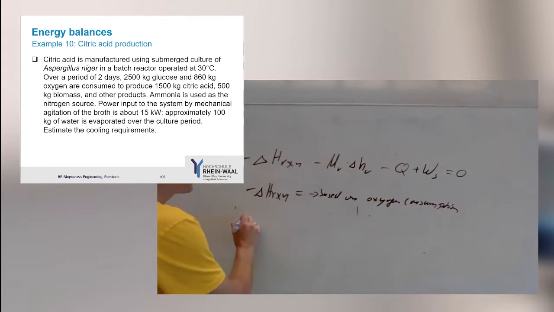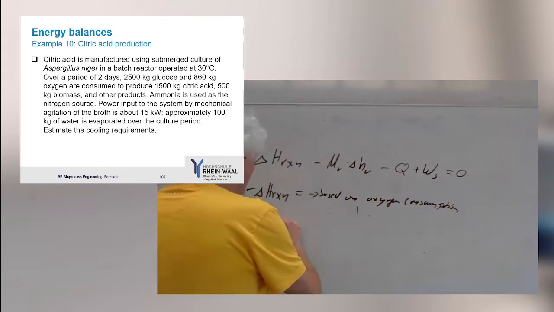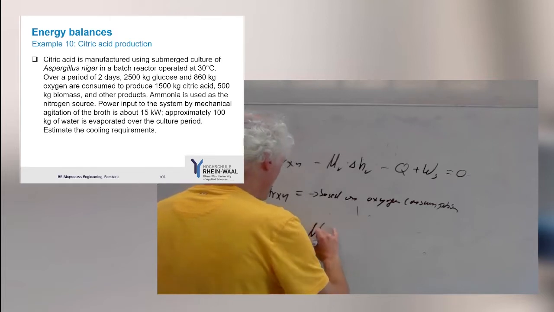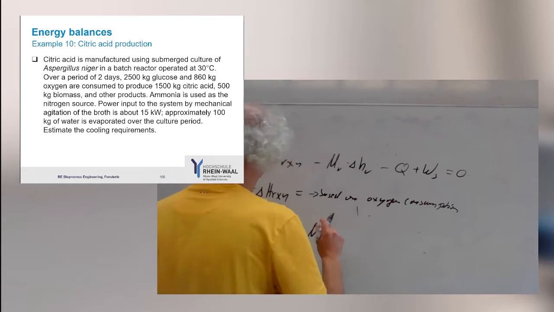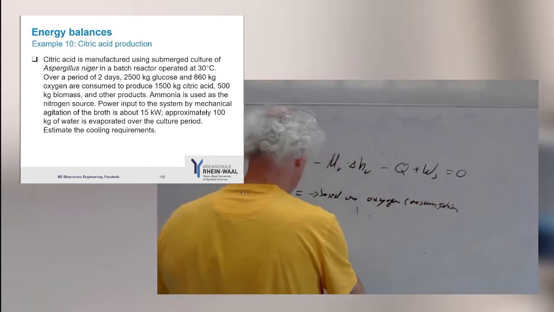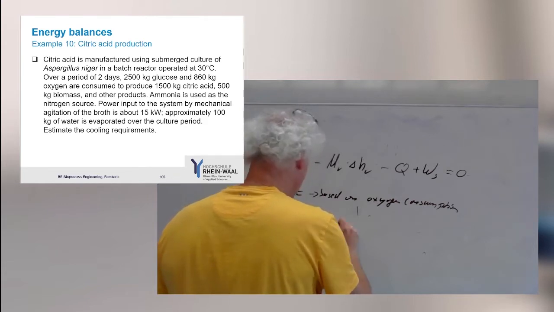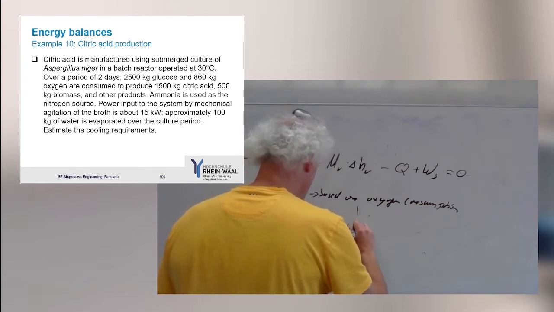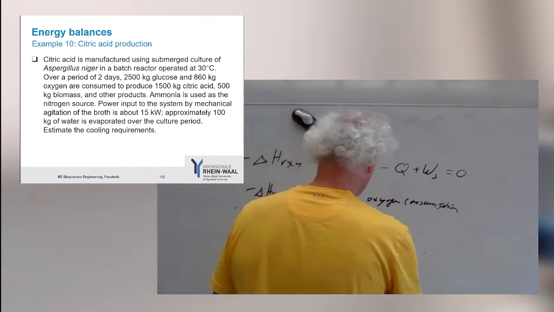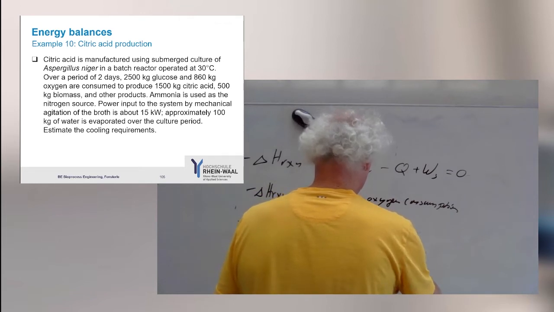Okay, so we need to convert this 860, this is M. We want to calculate the n O2, so we can directly put the mass, it makes life easier. It's 860 kilograms, and 60 kilograms. We convert to grams, so 1,000 grams are a kilogram.